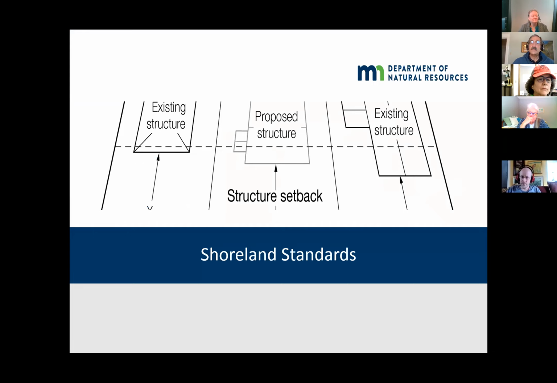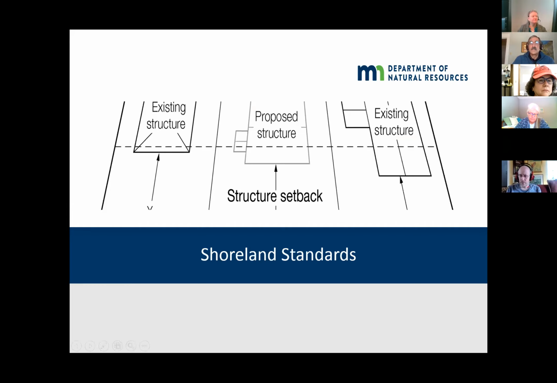So I'm going to get into a handful of standards, but I'm going to emphasize the minimum elevation standard, and I'm going to touch on that standard last. This graphic here comes from our model ordinance. Our model ordinance contains many different graphics to help explain different points in a visual way.